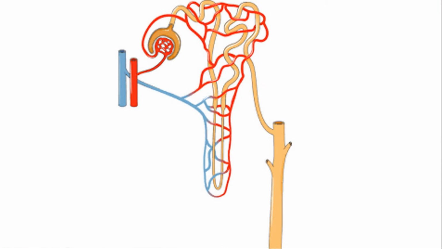This is where the magic of filtering the blood happens. The nephron receives blood, in this case from the left, goes through a wonderfully intricate process of filtering out the blood, goes through the distal tubule, and ends up in the collecting duct, where it goes through the renal pelvis, out through the ureter, and collects in the bladder.